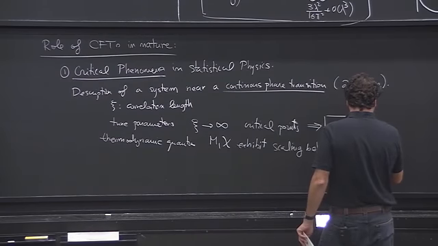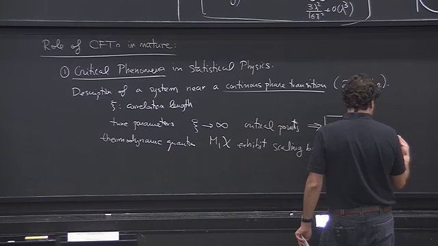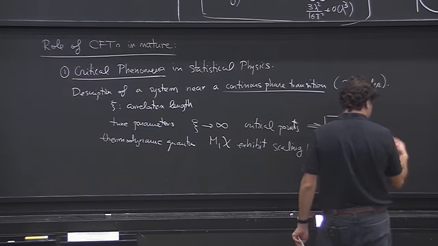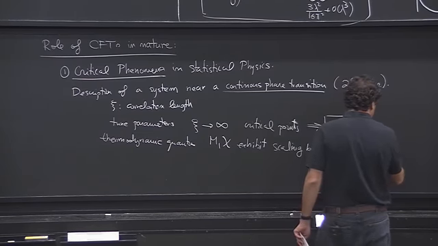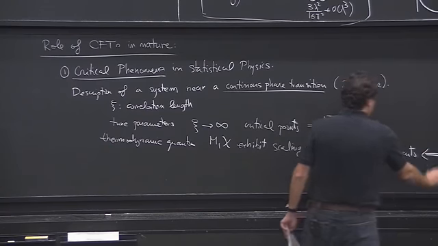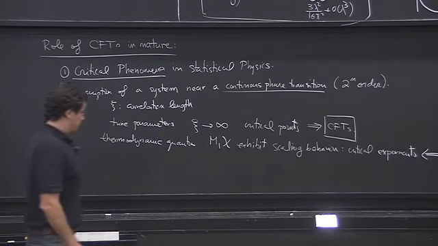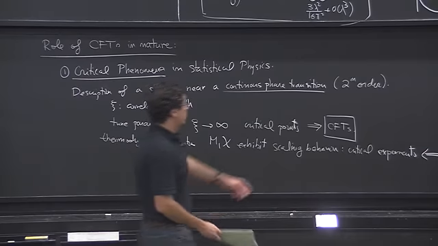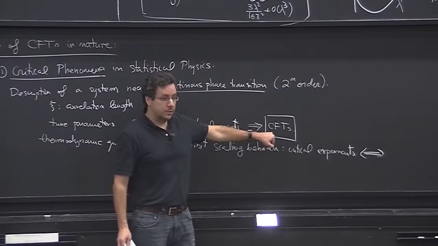And the way that the quantities behave as a function of the external parameters is parameterized in terms of the critical exponents, which are directly related to the dimensions of the operators in the conformal field theory.